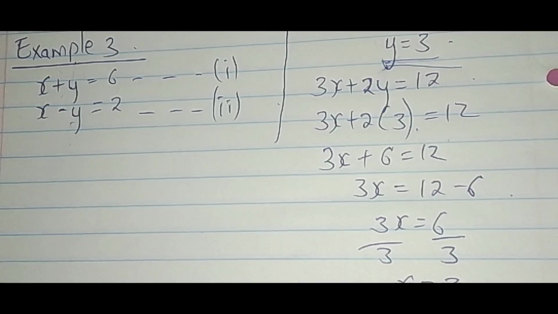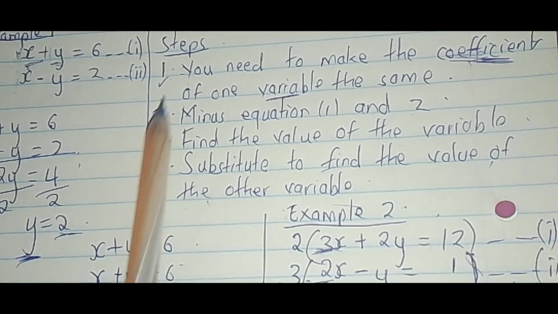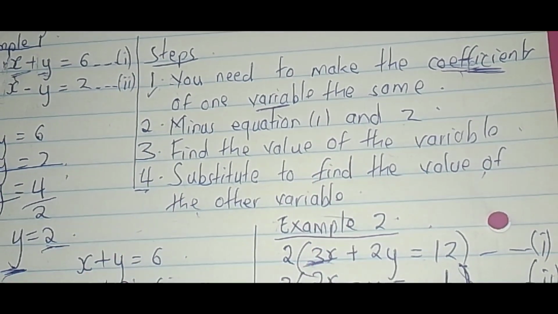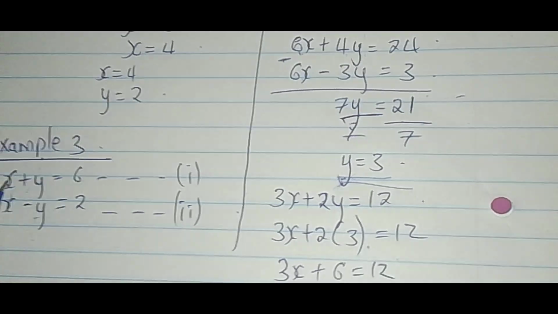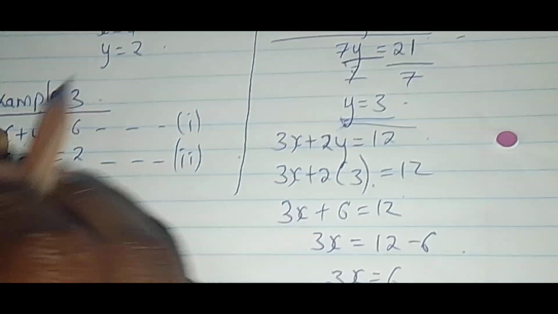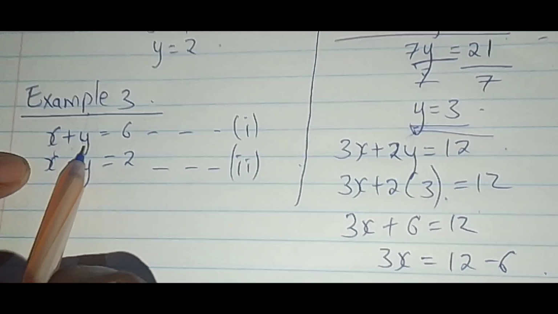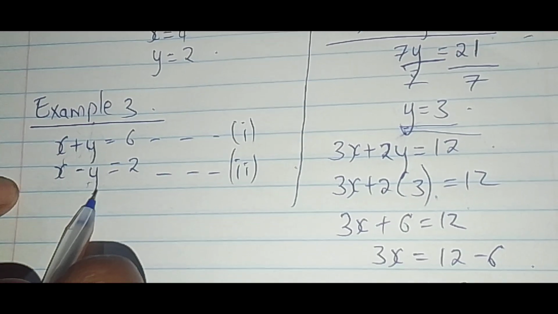For our first step, you need to make the coefficients of one variable the same. So we'll need to make the coefficient of y the same. As you can see, the coefficient of y for the first equation is positive 1, but for the second equation, the coefficient of y is negative 1.